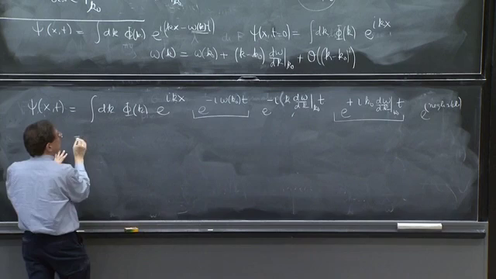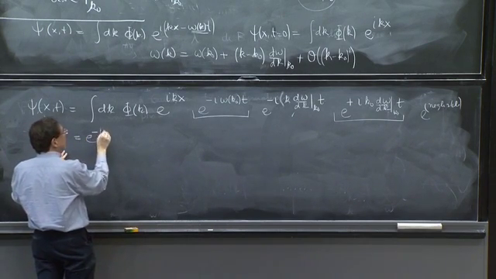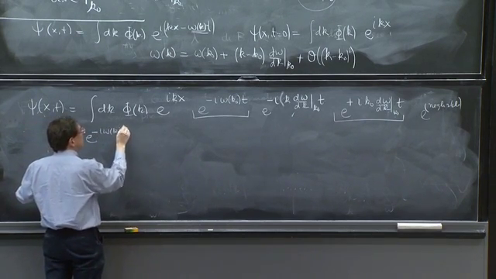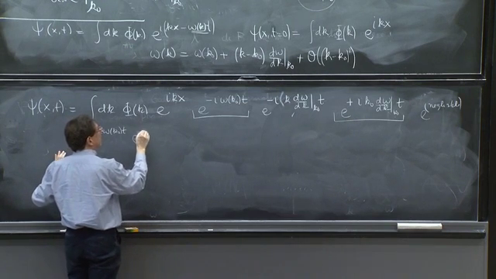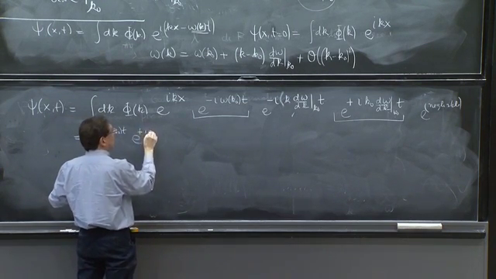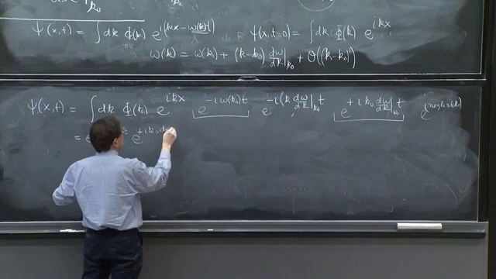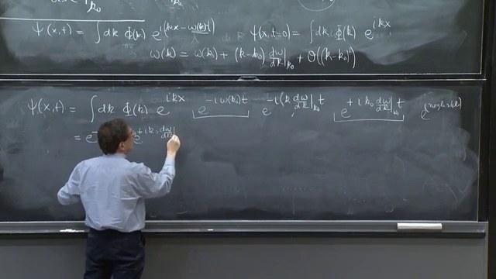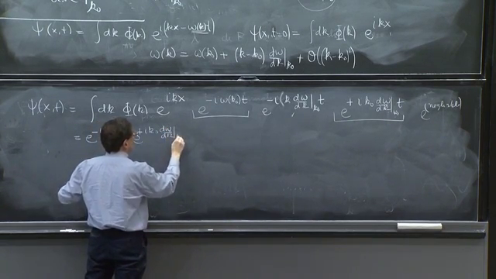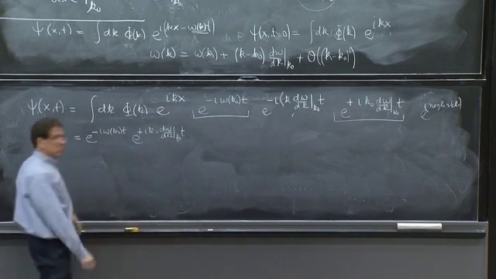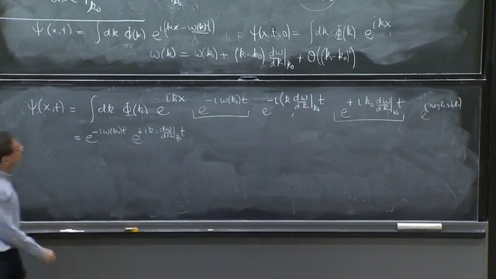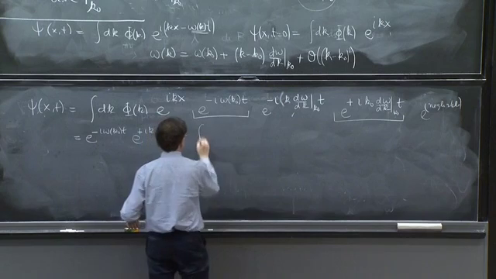So let me put here e to the minus i omega of k naught t, e to the plus i k naught d omega dk at k naught t. Ooh, looks messy. Not bad.